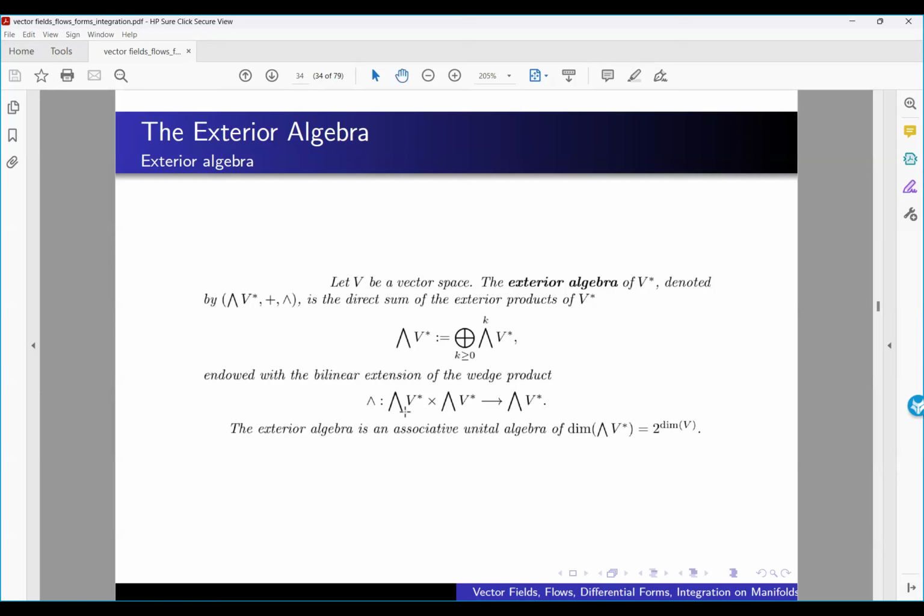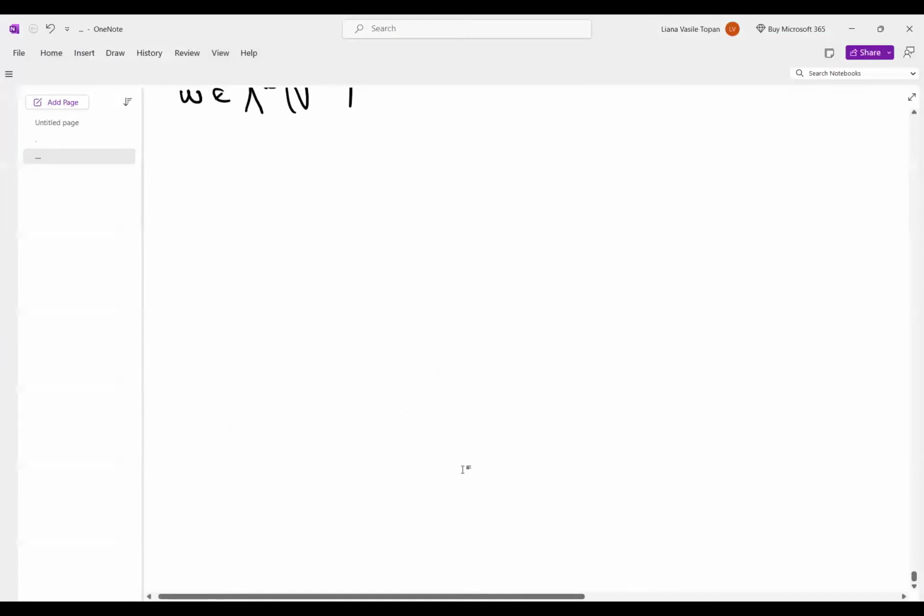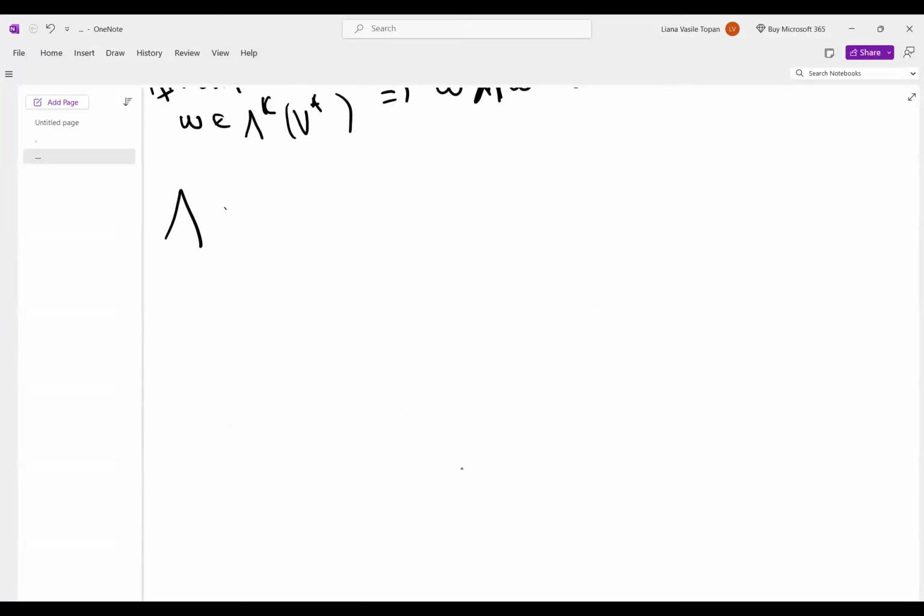So I'm going to write this on a white paper so you see it. Okay, so we have something like this. The exterior algebra of V star is denoted by something like this, and that's the direct sum of all these k exterior powers.